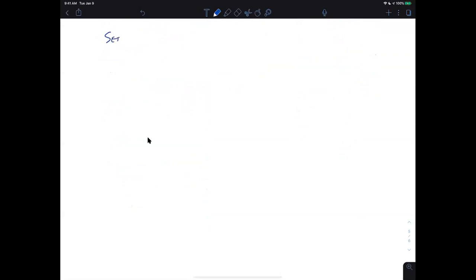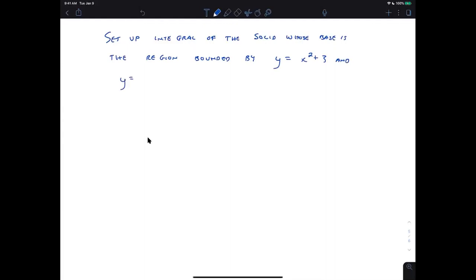Set up the integral of the solid whose base is the region bounded by y equals x squared plus 3 and y equals 19.